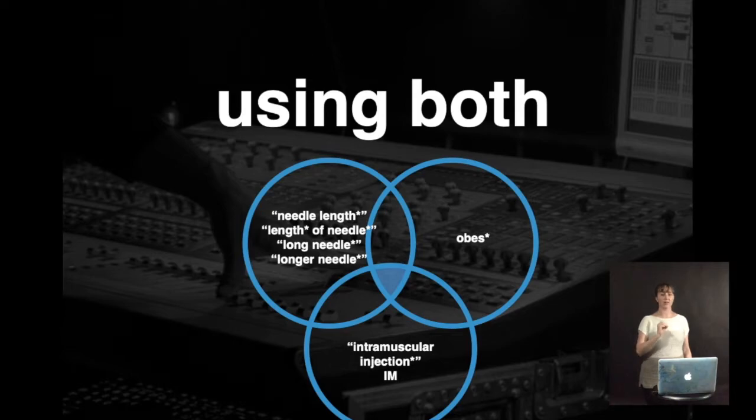So any article that has at least one term from each of those three pieces. So in theory, my results should have only articles in them that talk about needle length in obese people receiving intramuscular injection, which is what I care about.